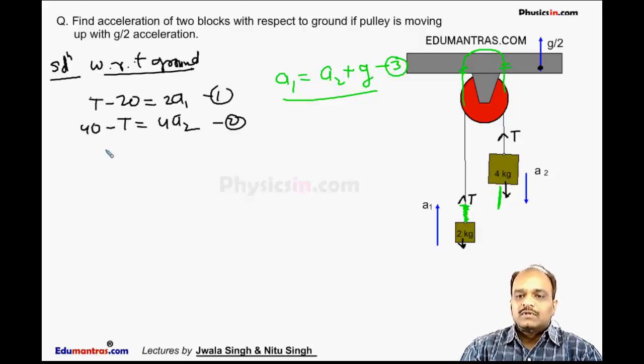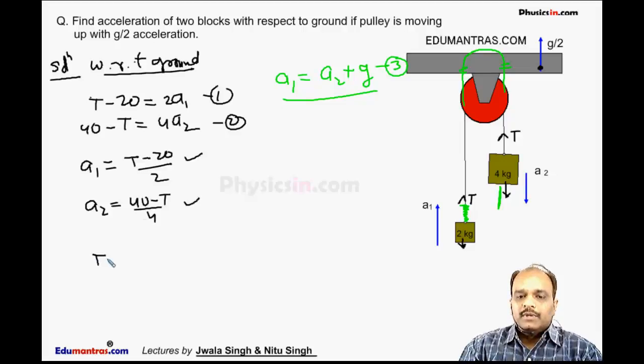Now from these three equations we can solve: A1 is equal to T minus 20 divided by 2, and A2 is equal to 40 minus T divided by 4. If we substitute the values of A1 and A2 in the third equation, we get T minus 20 divided by 2 is equal to 40 minus T divided by 4 plus g, meaning 10.